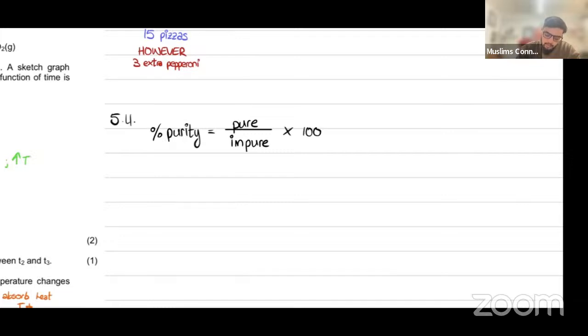Your pure and your impure could be in mass or moles, as long as they are both in mass or both in moles. We have to compare apples with apples and oranges with oranges. So this is the formula for percentage purity.